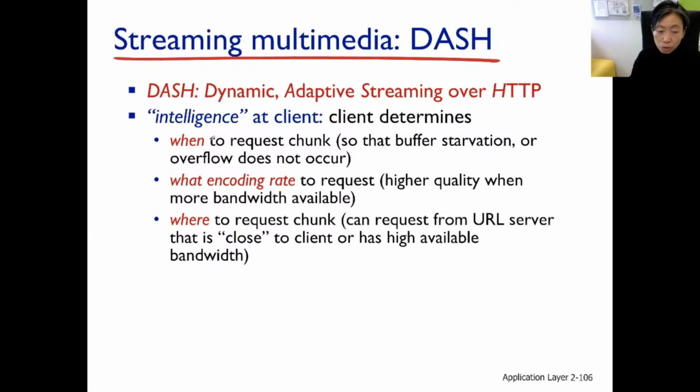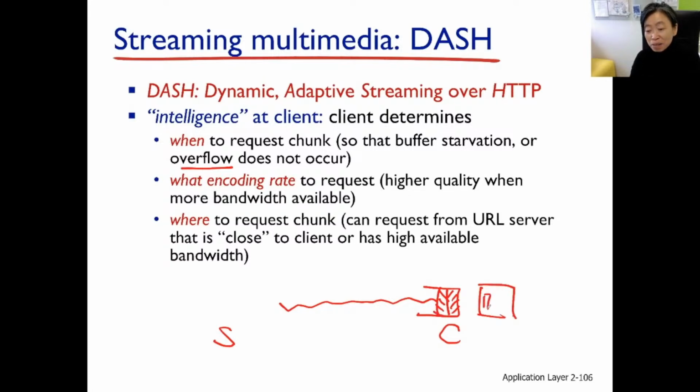Now the other situation is this. The client also needs to decide when to send back a message to the server such that the buffer does not overflow. This is the other way around, when the incoming rate is really nice, but the user is hitting a pause button, for example, or taking a restroom break.